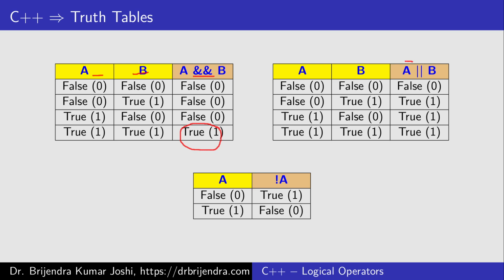Similarly, A or B is 0 only when A and B both are false. Or in other words, if any one of these two, A and B, or both, are 1, that is true, the corresponding result would be true.